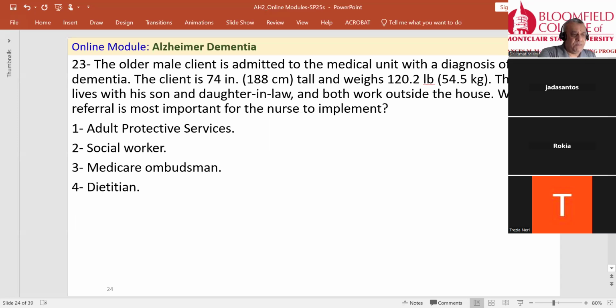The client lives with his son and daughter-in-law, and both of them work outside the house. What type of referral is most important for you to implement at this point?